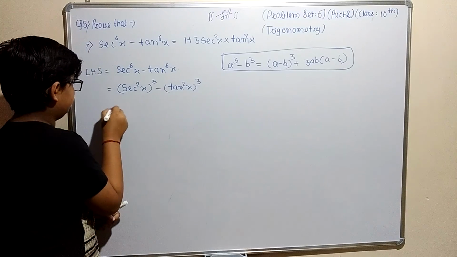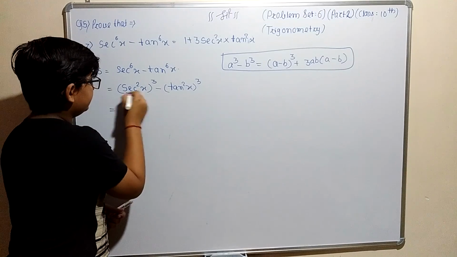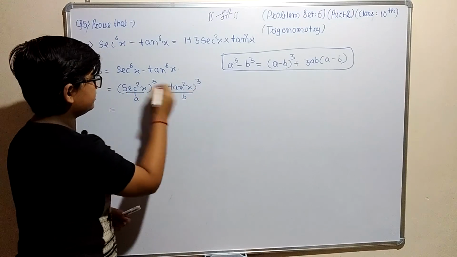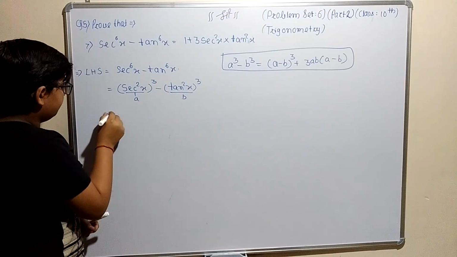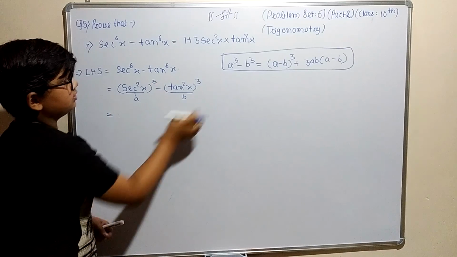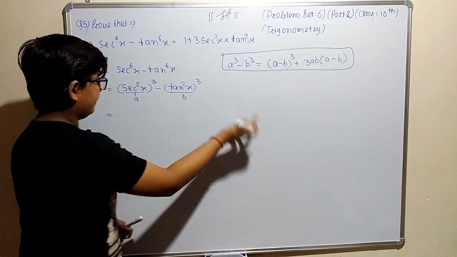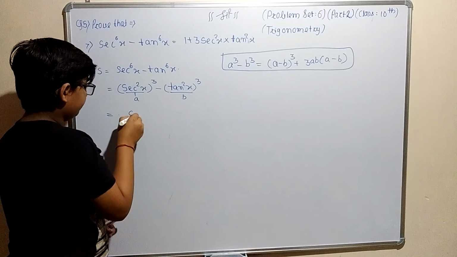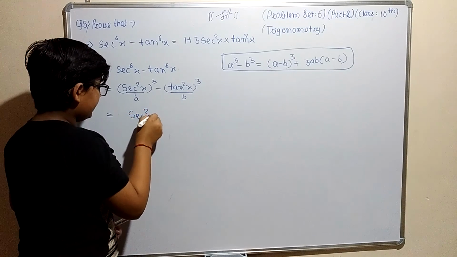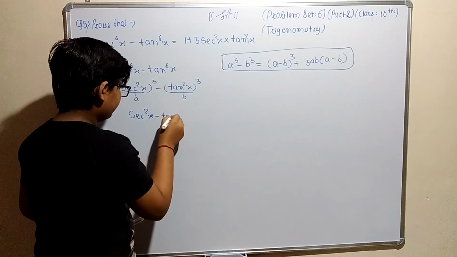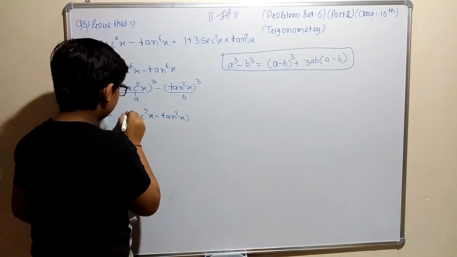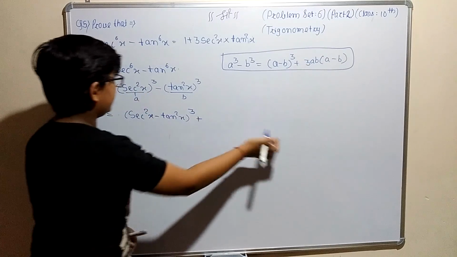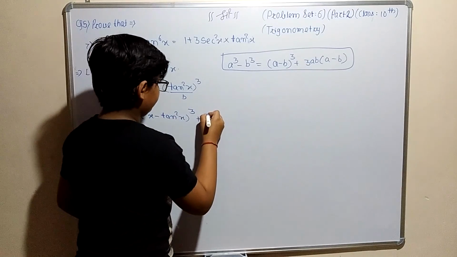Now we will apply the same. This is a and this is b and this is cube. Now we will plug this formula in. a cube minus b cube is equal to (a minus b) whole cube, (sec squared x minus tan squared x) whole cube, plus 3 times a into b.